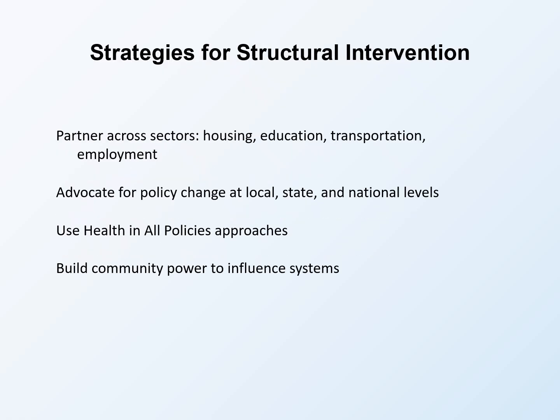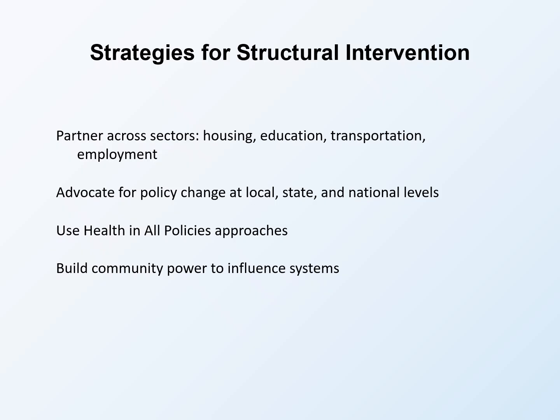Let me give you some concrete strategies for structural intervention. First, partner across sectors: housing agencies, education departments, transportation authorities, employers. Health is produced in these other sectors, so we need to be working there. Second, advocate for policy change at all levels. Local zoning laws affect food access, state policies affect healthcare coverage, national policies affect economic security.